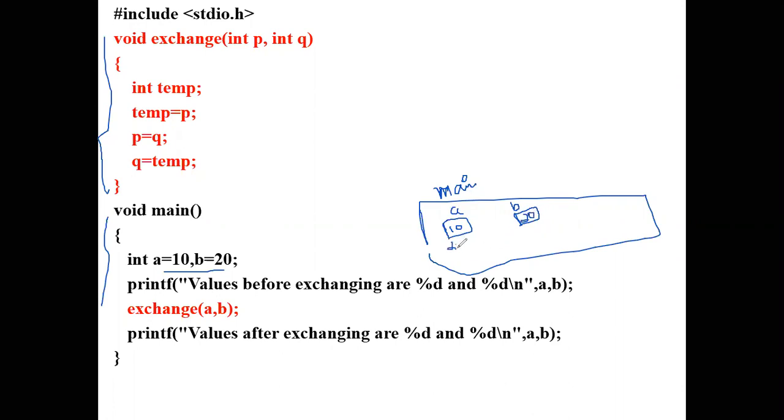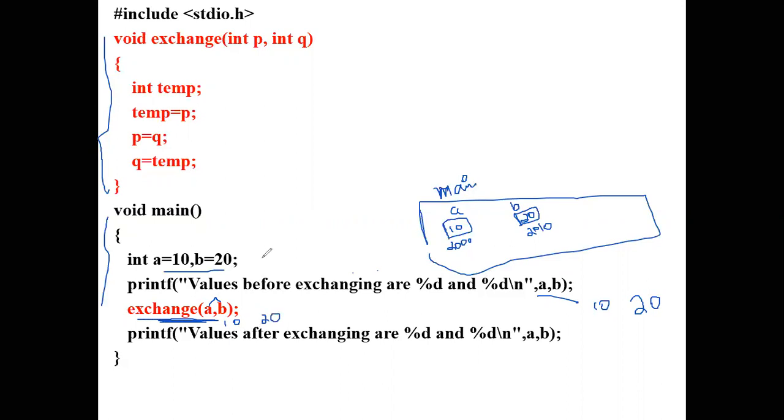Let me take it as 2000, and here something like 2010, just an assumption. The values before exchanging are 10 and 20. Then we make a call to the function exchange, passing two parameters, A and B, which have the values 10 and 20.